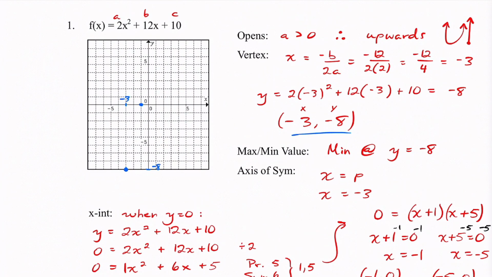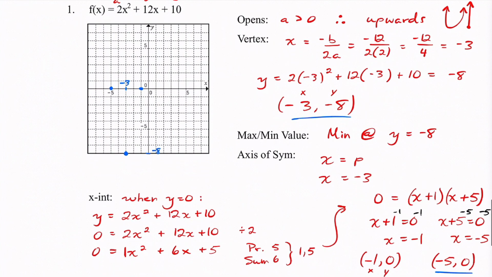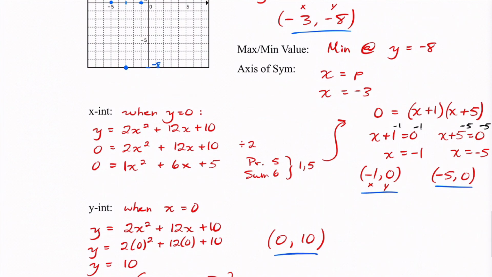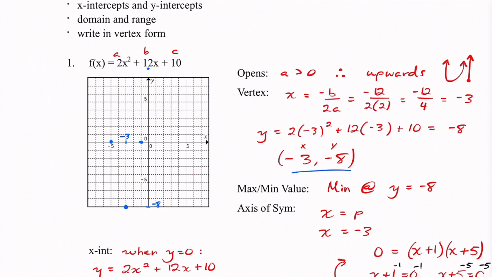And I also had one other point, we knew the y-intercept was at 0 and 10. So let's plot that. That is going to be actually up off my graph. This is at 8, so 9 would be a little bit above that, and then 10 is even higher than that. Okay, and now we can sketch our graph going through those points.